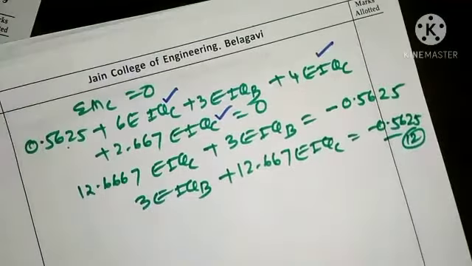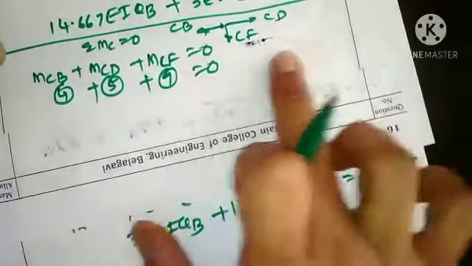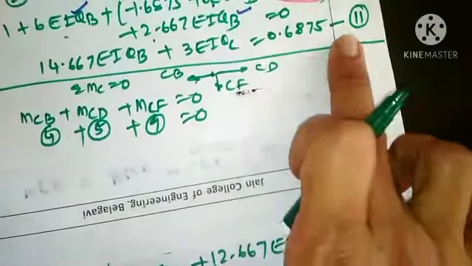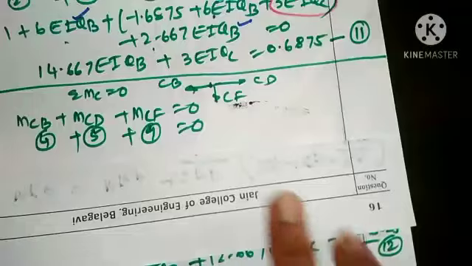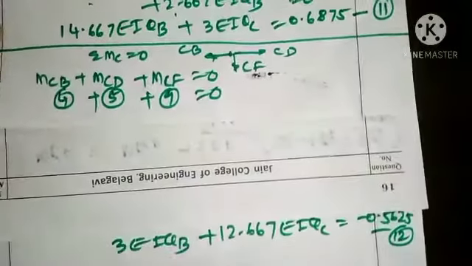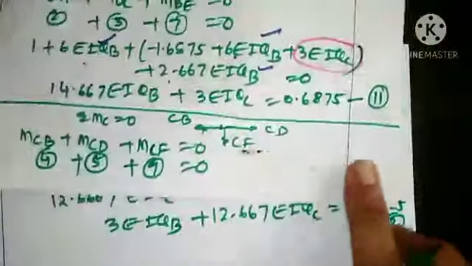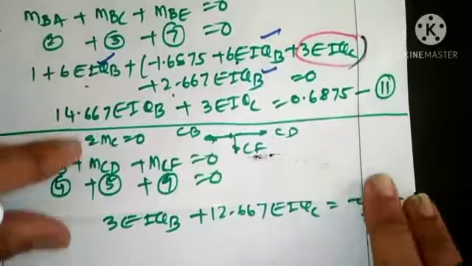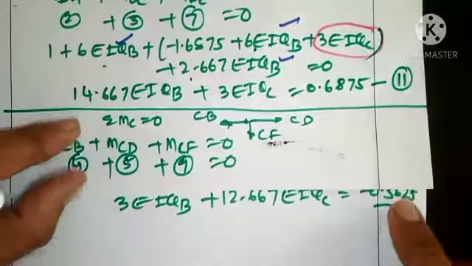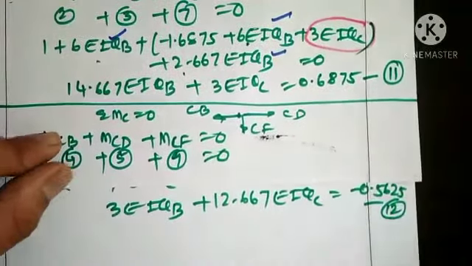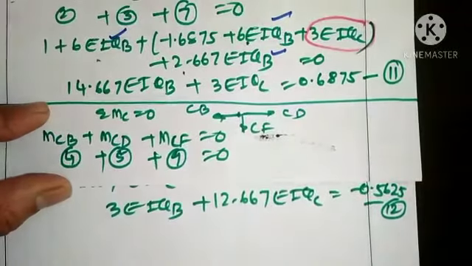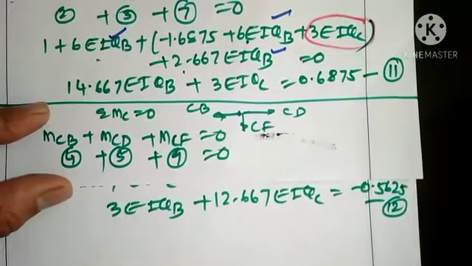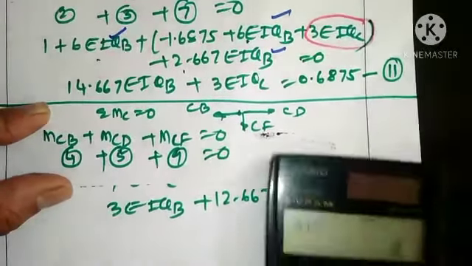When I solve equation 11 and 12, if we observe both equations, theta B and theta C are unknown. So we need to consider this as 2 equations with 2 unknowns.